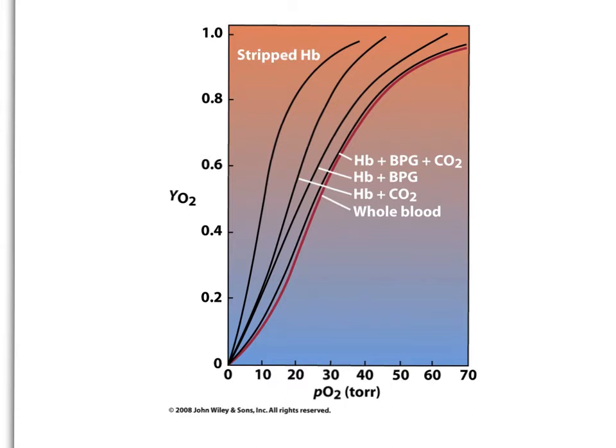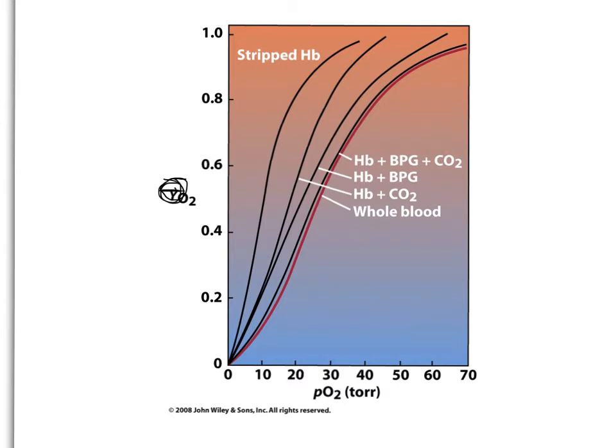So what we have here then is another set of binding curves and another opportunity to show other things that can also impact the binding of oxygen by hemoglobin. There are several different situations, and I just want you to first look at it again, just to remind you, Y is just theta, the fractional saturation.